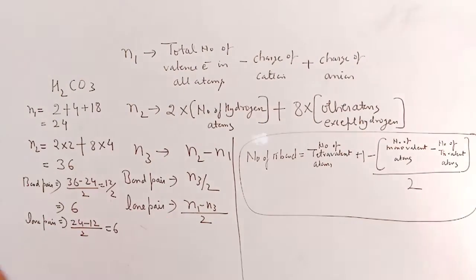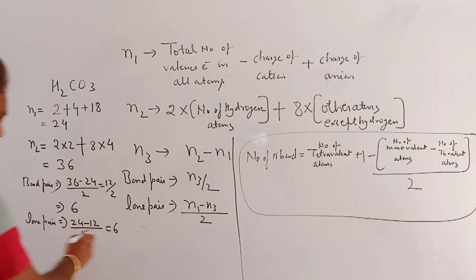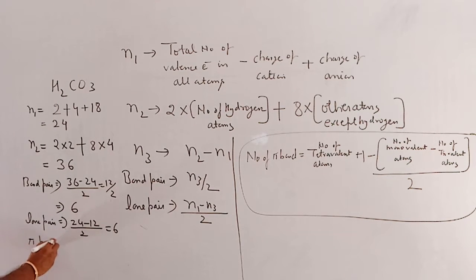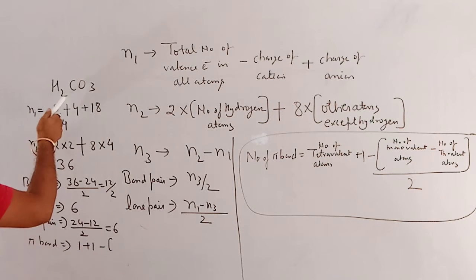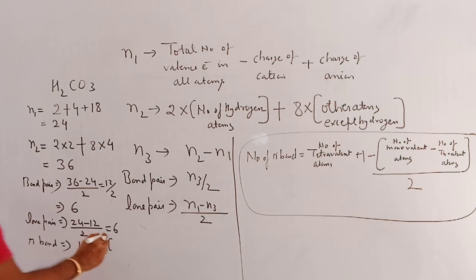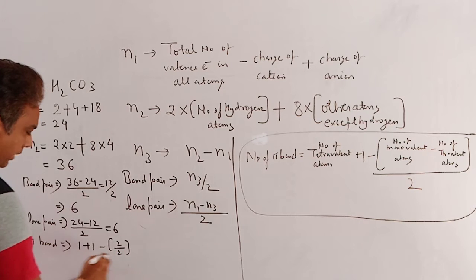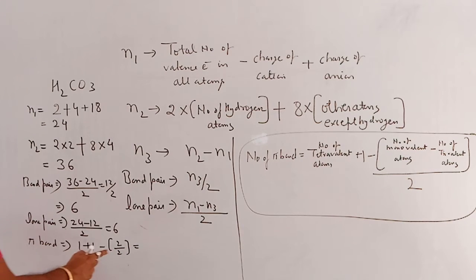For example, in case of H2CO3, the number of pi bonds will be: tetravalent atom, here carbon, only one, so 1 plus 1 minus monovalent atoms. Here in the formula we have no trivalent atom, so the monovalent atoms are 2, divided by 2, so the value of pi bond is 1.